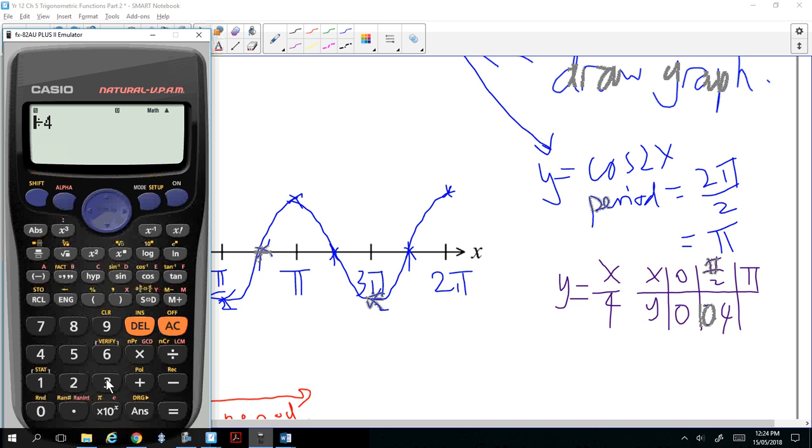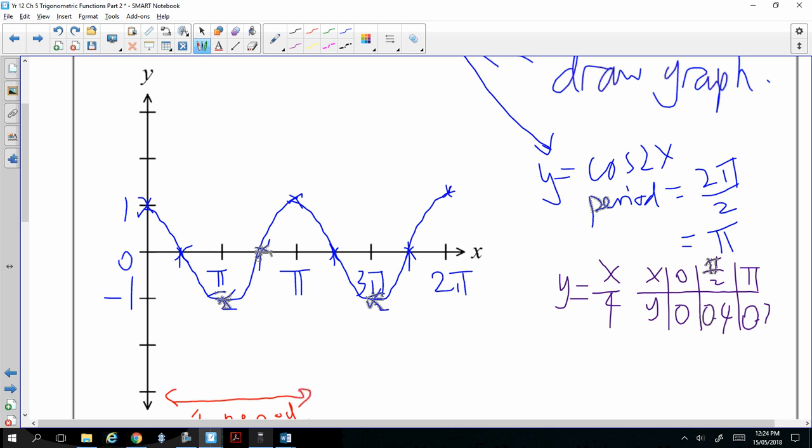Make sure you use the same scale. See, this is 1. Notice this is 1 here, and the pi on 2 is about 1.5. That's why this is a bit longer than this one. So this is 1, this is 1.5. So when x is 0, y is 0, put a dot. The next point at pi over 2 is 0.4. So pi over 2 is here, 0.4 is about here, which is a little bit less than halfway.